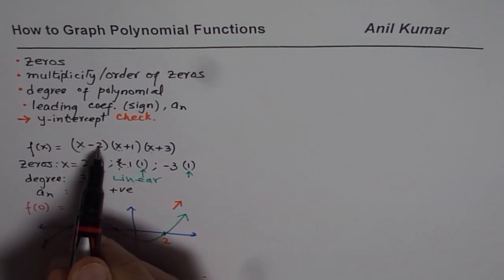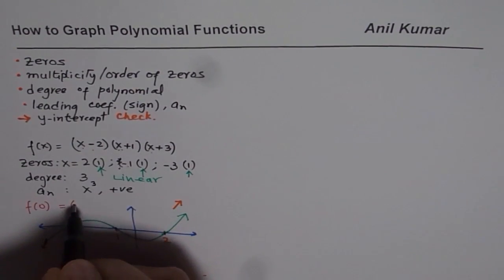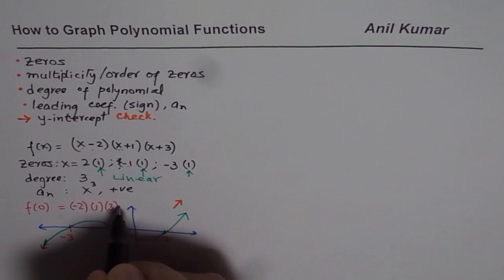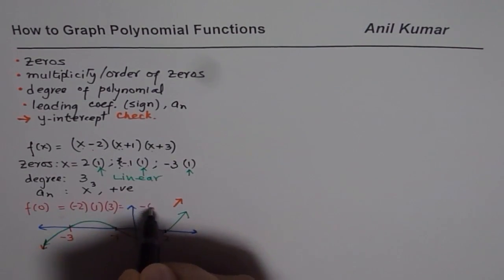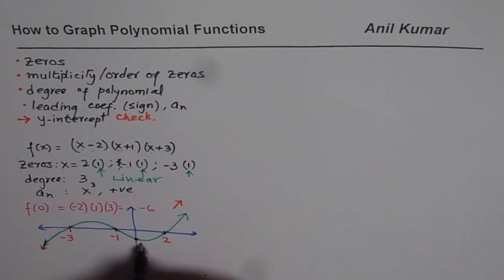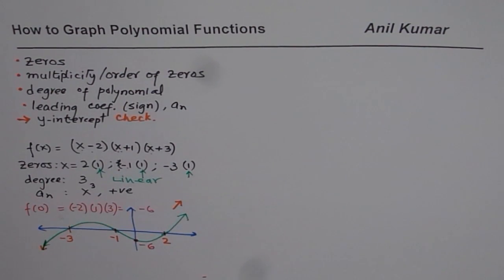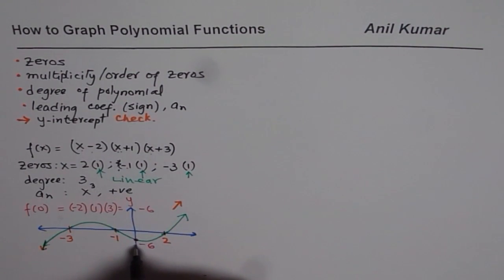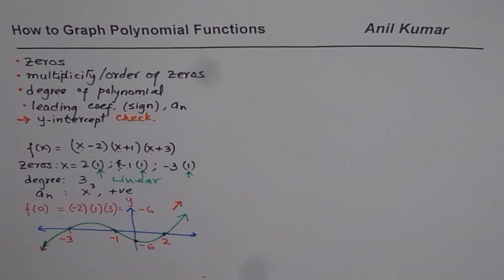If I substitute 0 here, what do I get? I get minus 2 times 1 times 3, and that is minus 6. So we can mark this point as minus 6. So that gives more accuracy to our graph. So the y-intercept is basically a checkpoint for us. We can see clearly it is negative, and that is how we actually sketch a polynomial function.